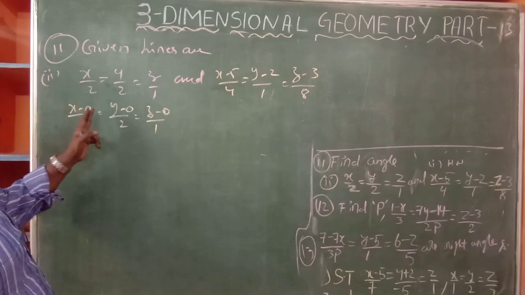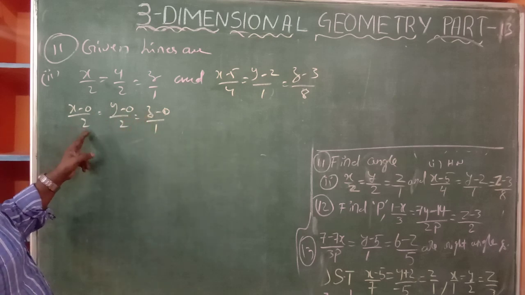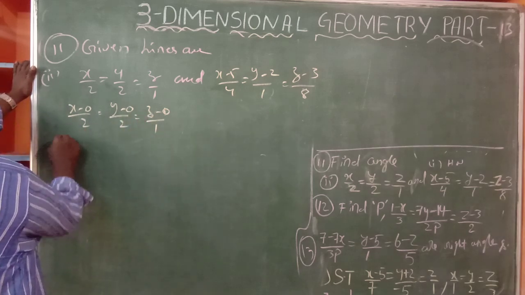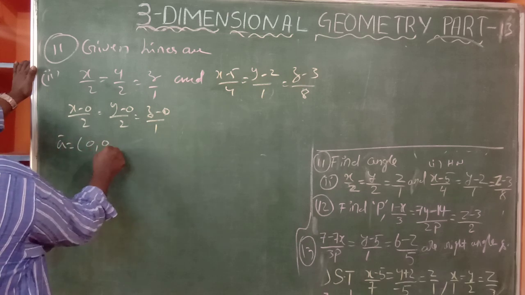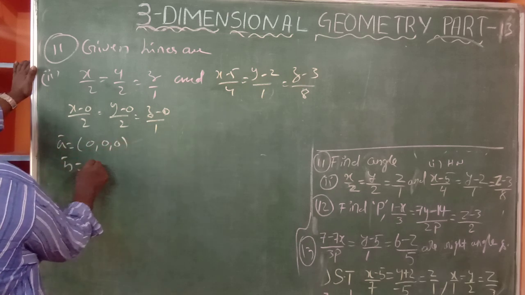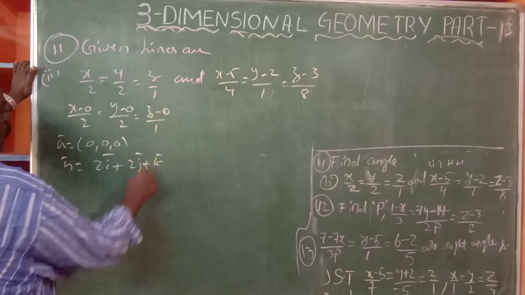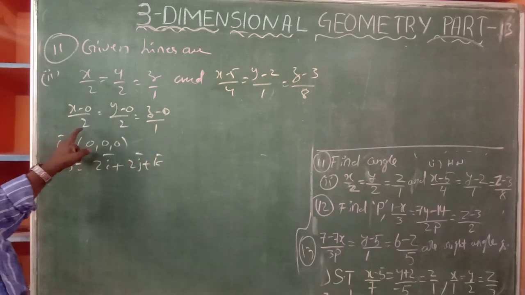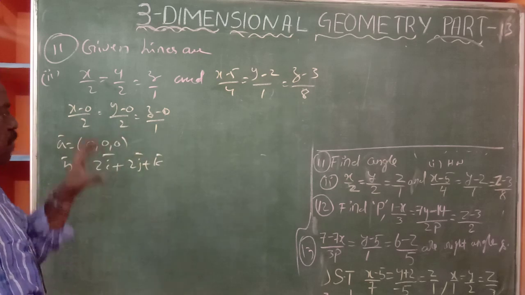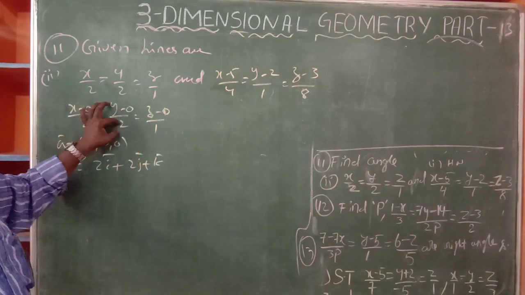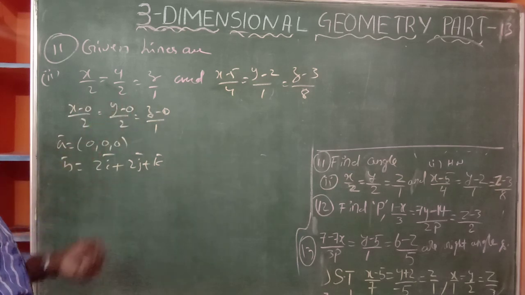It is passing through 0, 0, 0 and parallel to the vector b bar. Here, a bar is 0, 0, 0, b bar is equal to 2i plus 2j plus k. Don't get confused. The denominators are the DRs of the line, and those DRs are nothing but b bar.